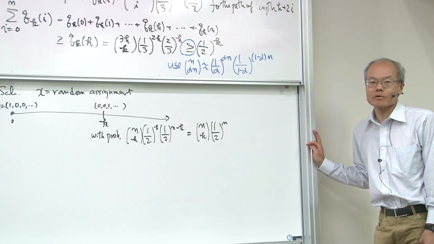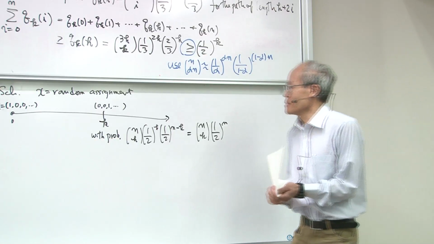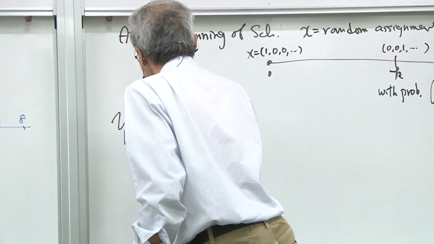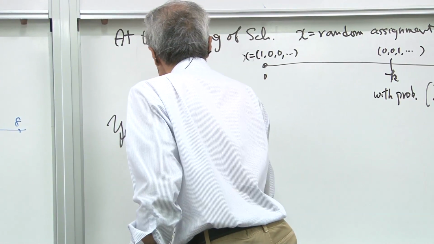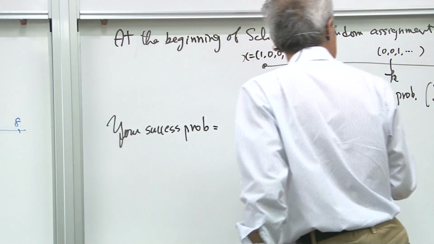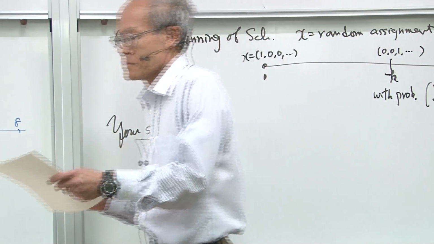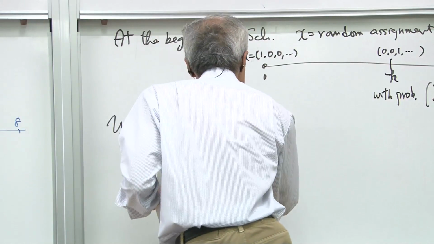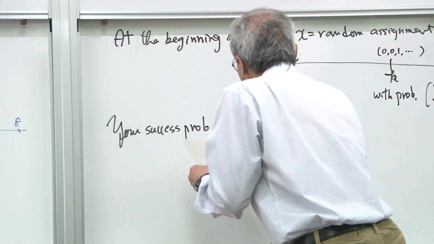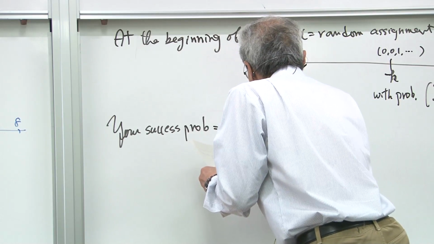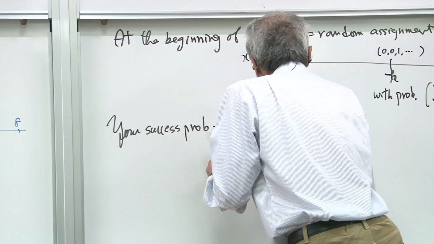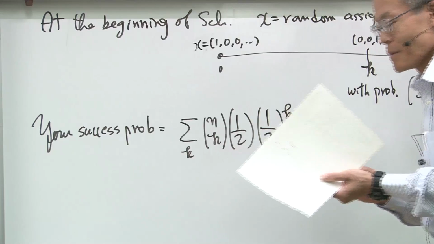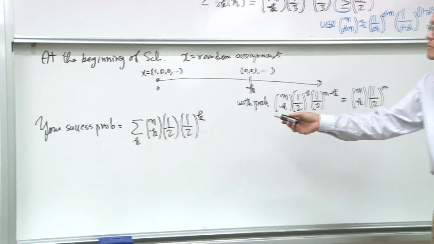Then what is your total success probability? Your success probability is just a summing up.